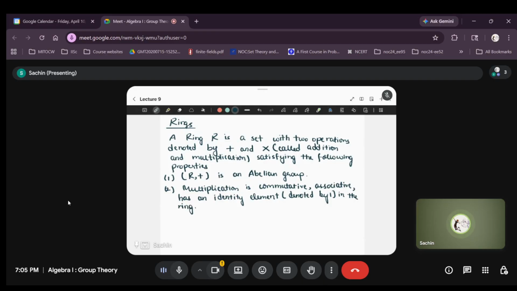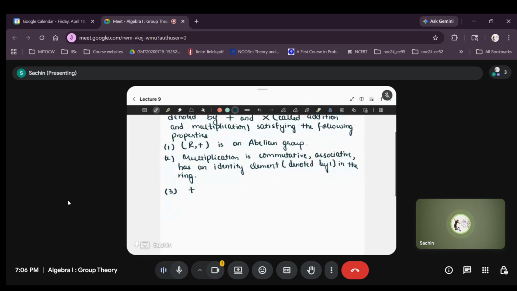We don't need inverses. If every element also had an inverse, then R would be a group with respect to multiplication. But I think we define it in this way so that it doesn't need an inverse for multiplication. These are the properties that it should have, separately with addition and multiplication.